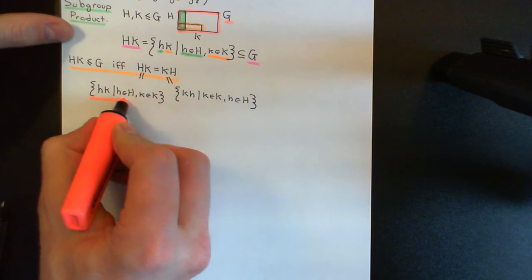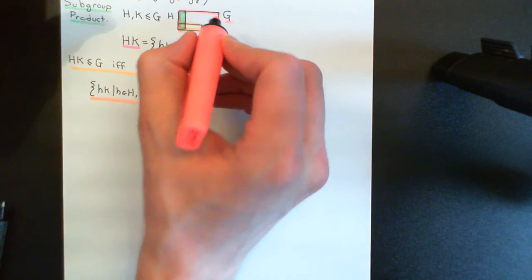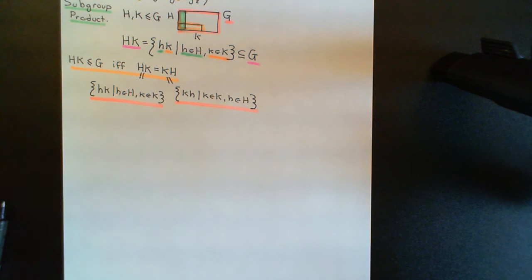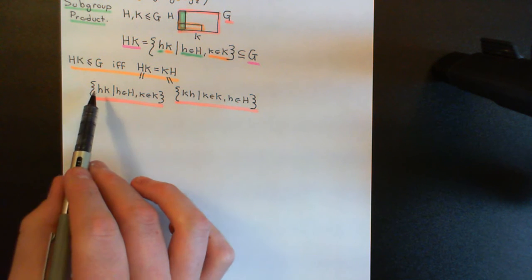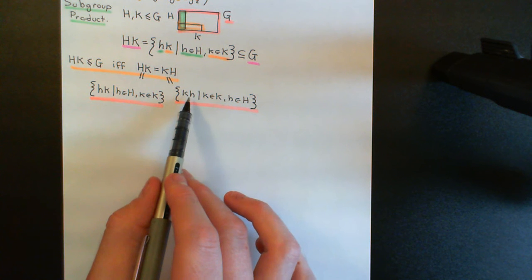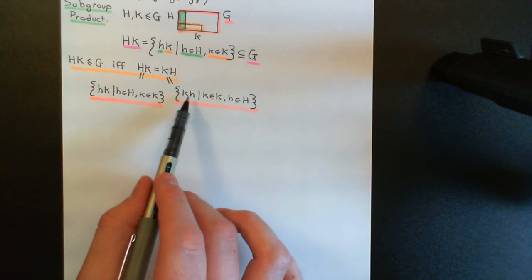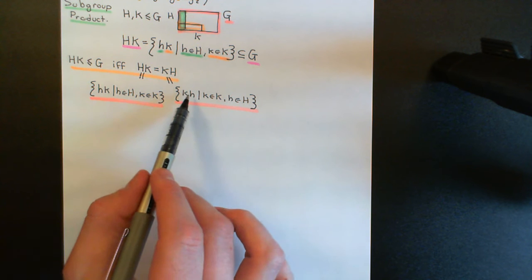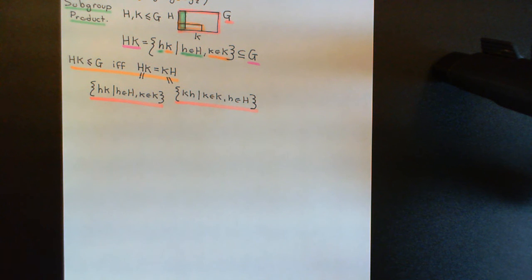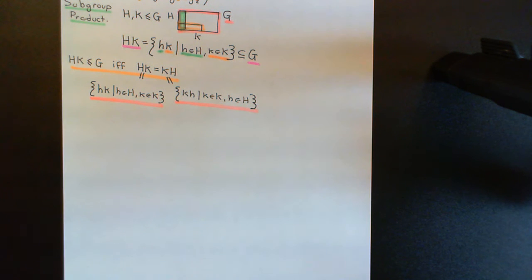Of course, if we're working in a larger group, capital G, that is abelian, then obviously these two subsets are going to be exactly the same thing, because in that case, little h composed with little k will equal little k composed with little h. So all of the products here will correspond to the opposite product in the other one. They'll give the same answer in the group capital G, but in general, in a non-abelian group, you cannot instantly say that these two subsets are going to be the same thing.